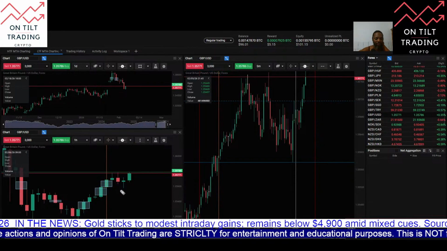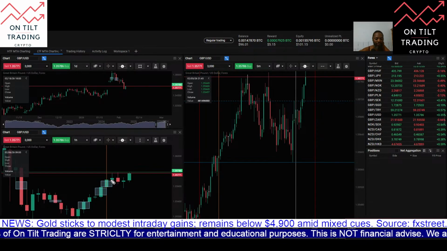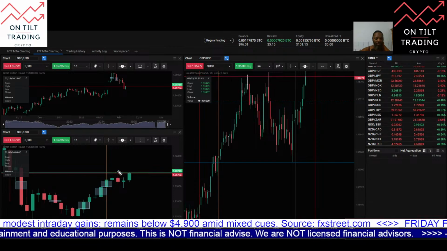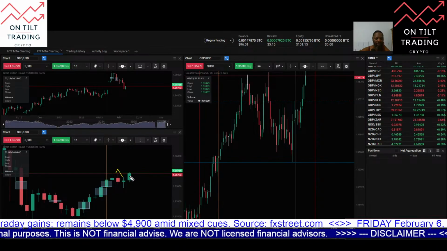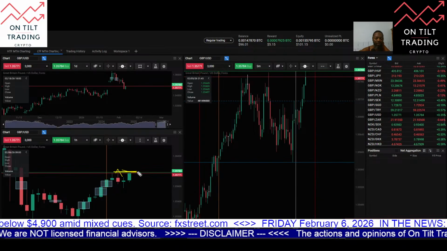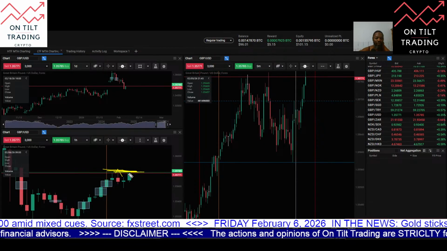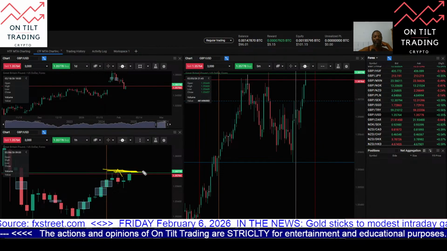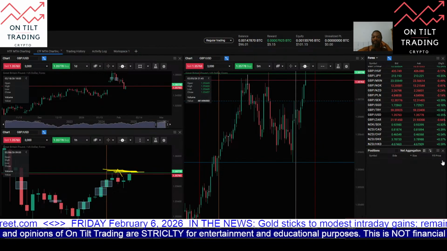But more recently here, this is a swing high. So this swing high has been swept. So this is the most recent price action. So with this swing high being swept, that would trigger short for me.